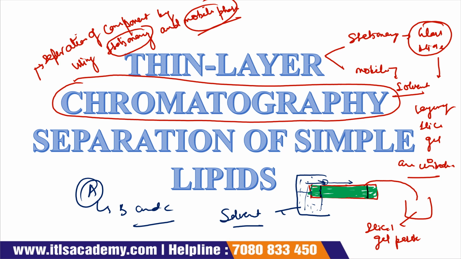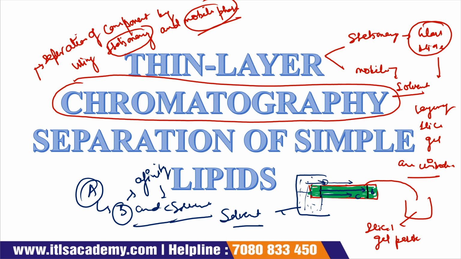Now suppose that B has more affinity to the solvent. So what happens? It moves at a faster rate and reaches here, and C has less affinity to the solvent, so it moves slower than B. Now this is about thin layer chromatography.